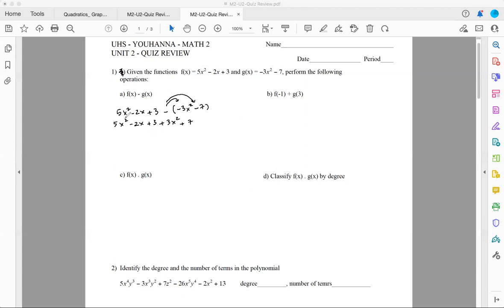And once you're here, you combine like terms. 5x squared plus 3x squared is 8x squared. And then negative 2x is the only term in x. And then 3 and 7 is 10. Remember, when you write a final answer, you write them in descending order from the highest exponent.